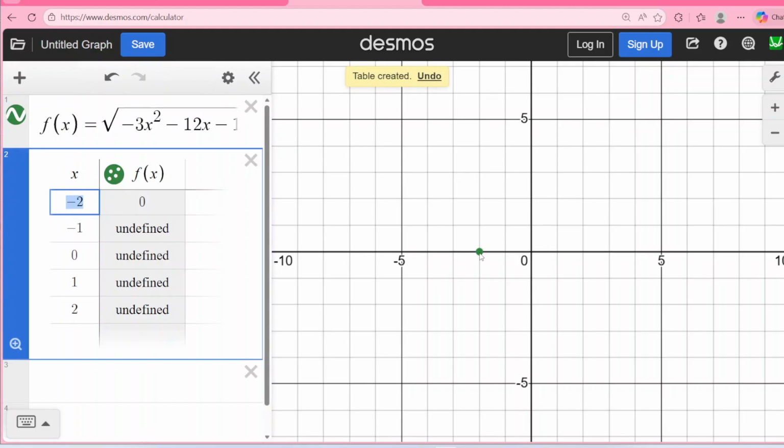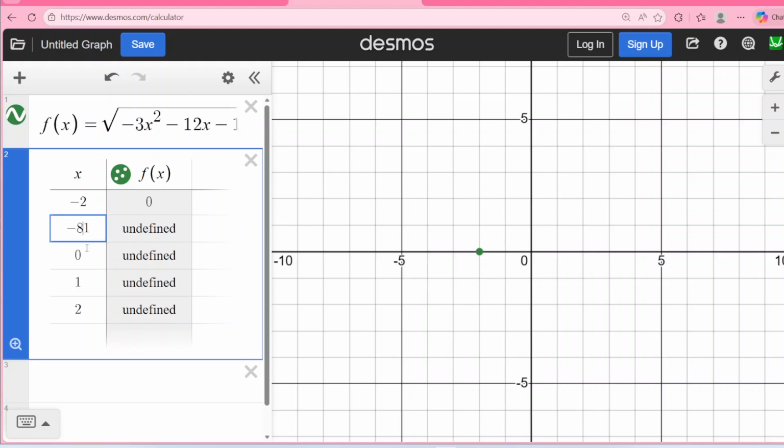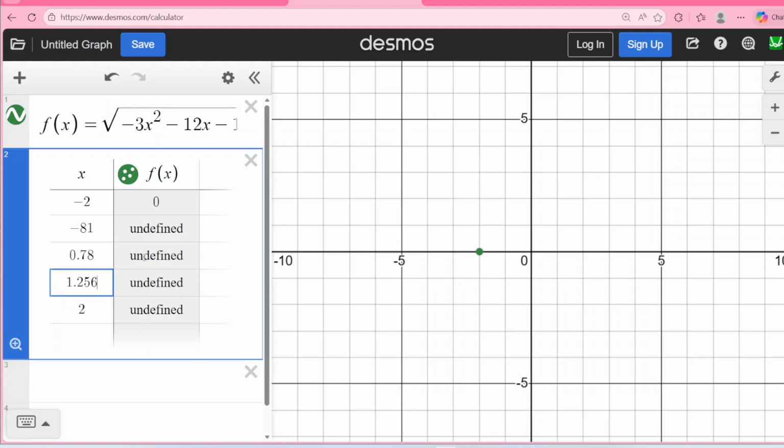See, it's just a single point. Everywhere else, no matter what else you plug in, you see it's undefined, undefined. I could put in anything I want. Negative 81, 0.78, 1.2656. Doesn't matter. The only value that's in the domain is negative 2, right? So I'll draw this graph.